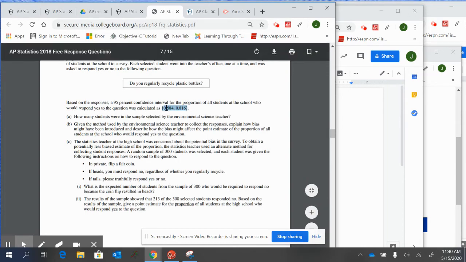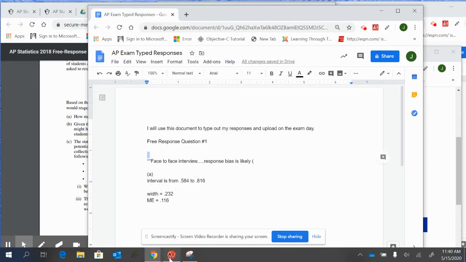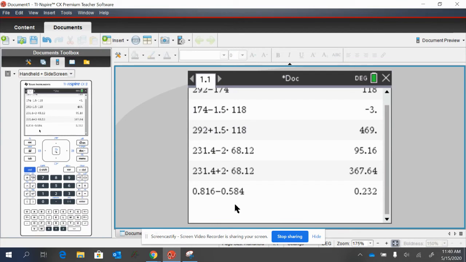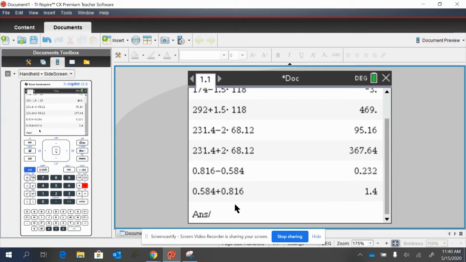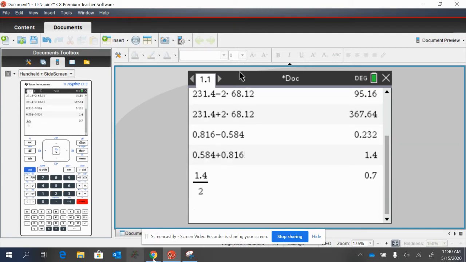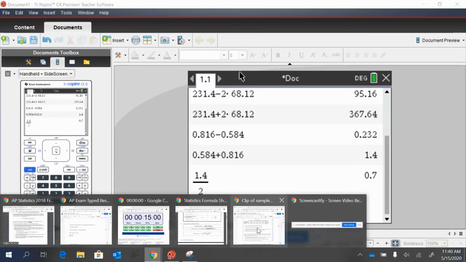Now, the reason I do half of that is because you have a point estimate in there. You have an exact point estimate. Let's see, what's the average of that? 0.584, 0.816, 0.7. Okay. All right.